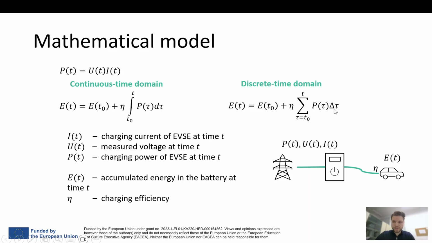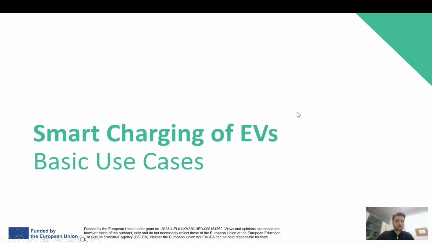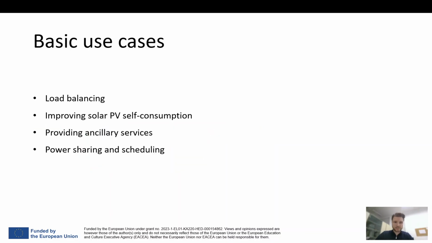We multiply it by hours, so we get kilowatt hours, and multiply it by the charging efficiency in order to take into account all of the losses in the conversion from AC to DC. So from power taken from the distribution grid to the power that comes into the battery itself. We're going to use this model to represent some basic use cases.